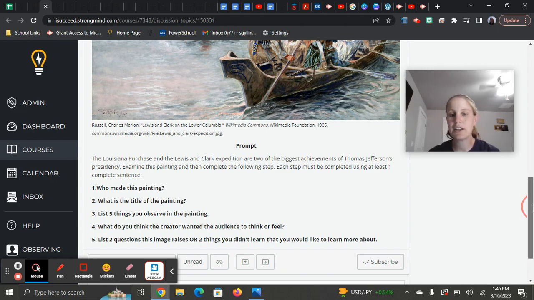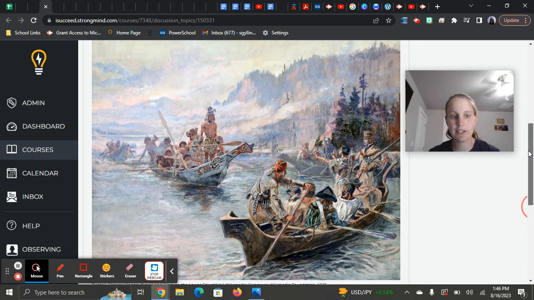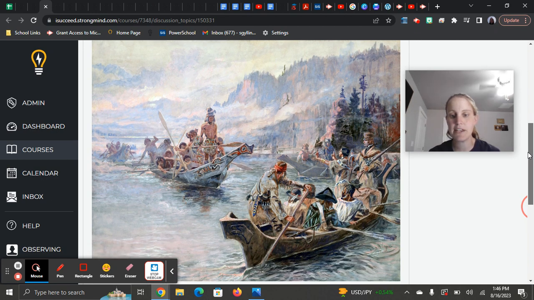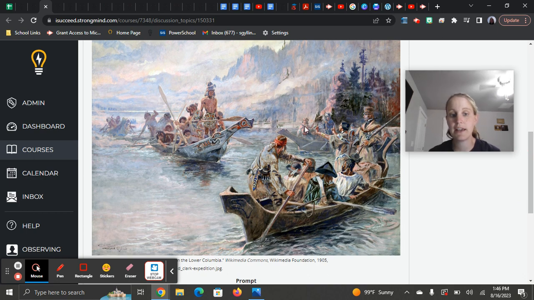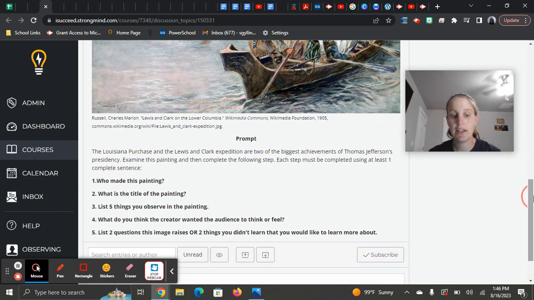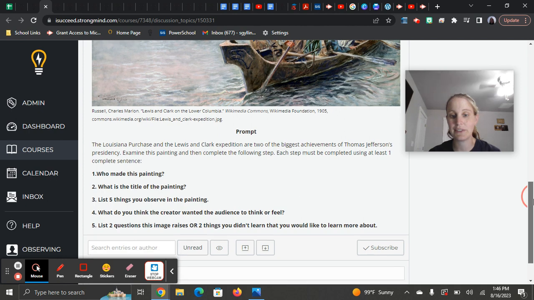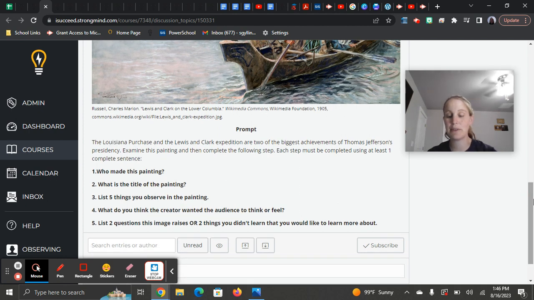Then I want you to just take a good look at the painting. Look it all over and pick out 5 things that really stick out to you that you're seeing in the painting. It can be anything, but what are things that stick out to you here? And use a complete sentence. So you can say, 5 things that I observe in the painting are, and list those 5 things. Number 4, what do you think the creator wanted the audience to think or feel?